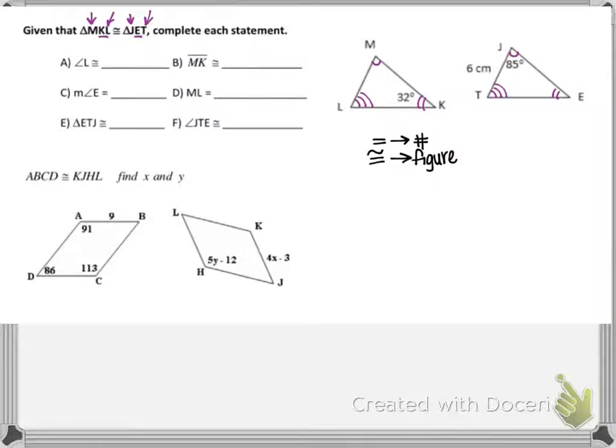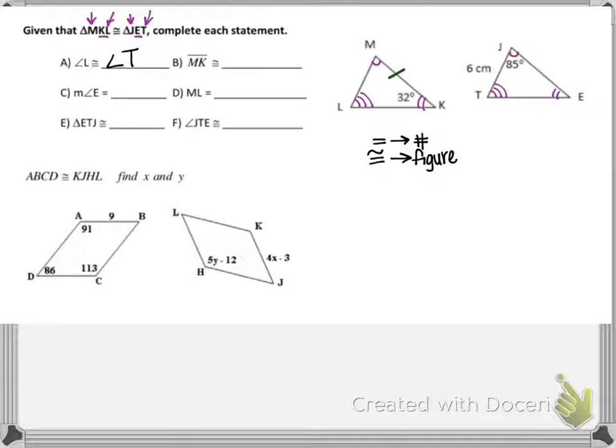So over here, when I'm asking that angle L is congruent to what, I'm going to look for another angle for it to be congruent to. So, angle L, if we look at our picture, is going to be congruent to angle T, a figure. I'm not going to put any sort of number there.